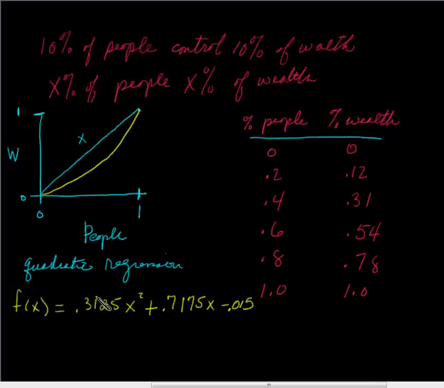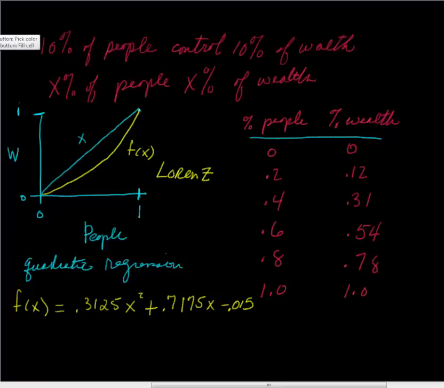So the graph in yellow, which we'll label as f of x, is a graph that tells me what percent of the wealth is controlled by what percent of the people. And that's known as a Lorenz curve. And of course the Lorenz curve is a measure of the distribution of wealth.